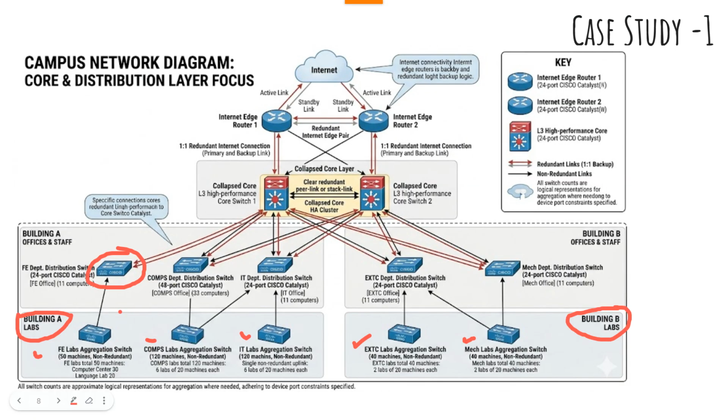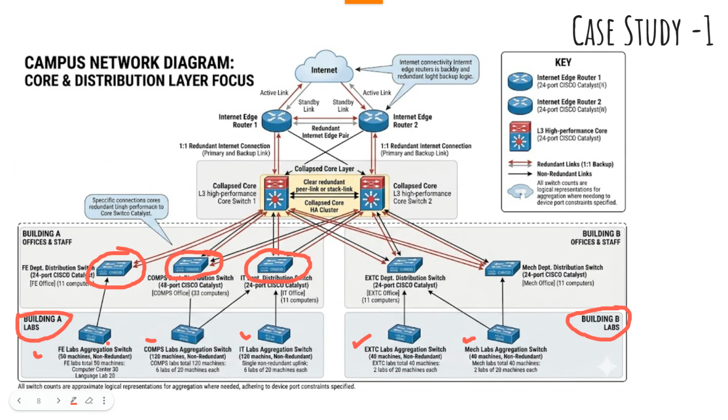Okay, so the way it is happening is we have an aggregator switch which is connected to this distribution switch for computer. For each department there is a distribution switch. Now my offices are directly connected onto these distribution switches.